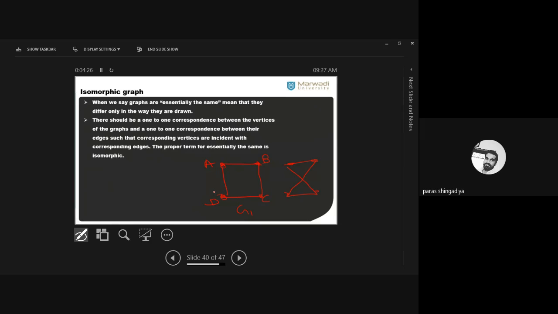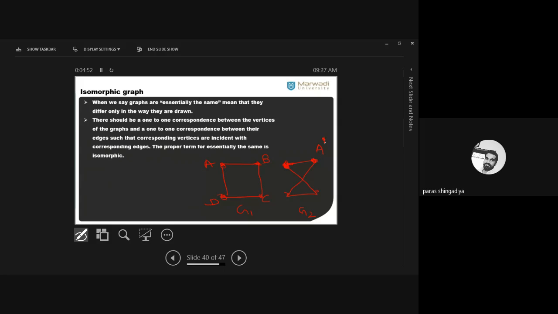And that place you can consider as the image of A. Okay? So let's put the image of A in the second graph. Okay? All the vertices have degree 2 in the second graph. Okay? That is graph G2. So let's consider this is the place A, and let us say it is A dash. That is the image of A in the second graph. Okay? You have to check the one-to-one correspondence for the vertices as well as the edges.